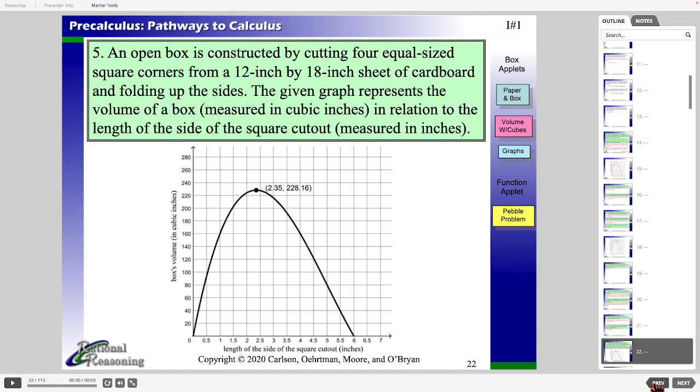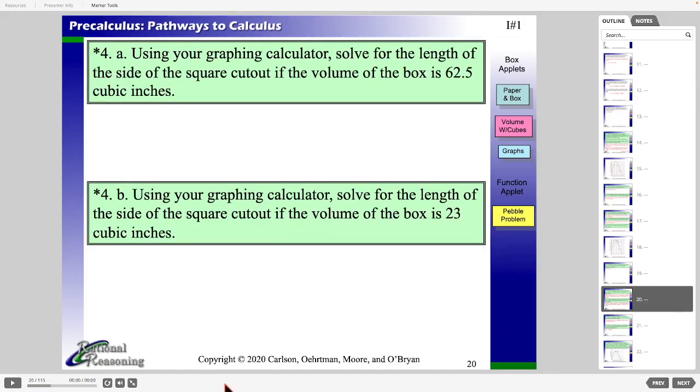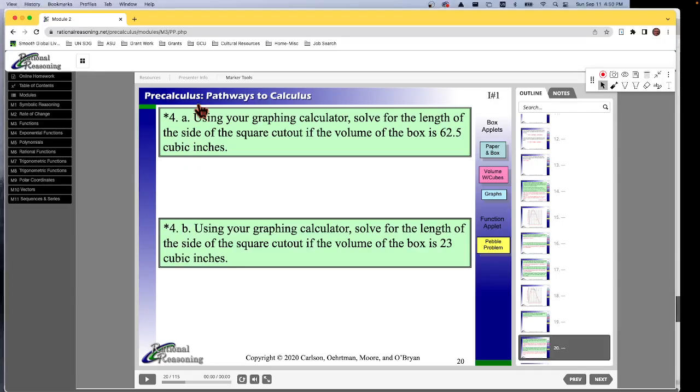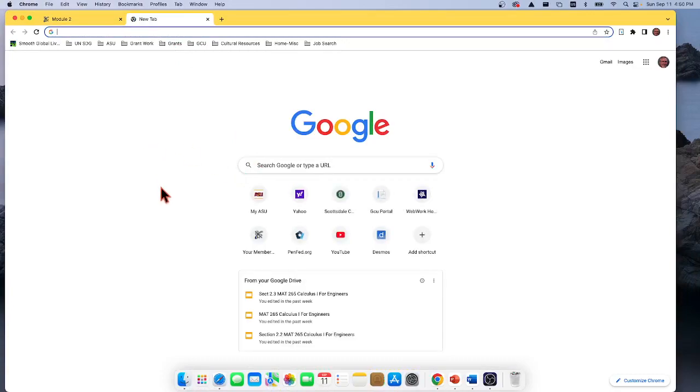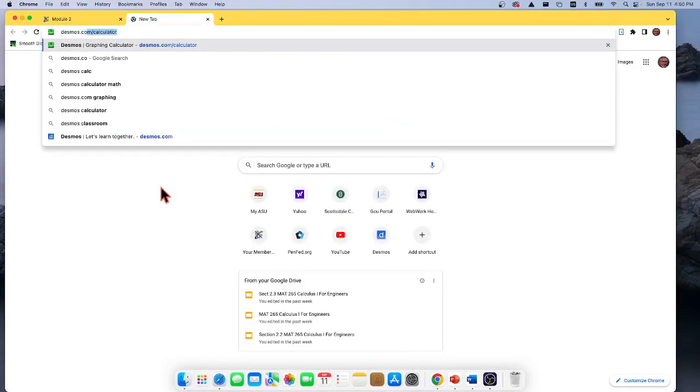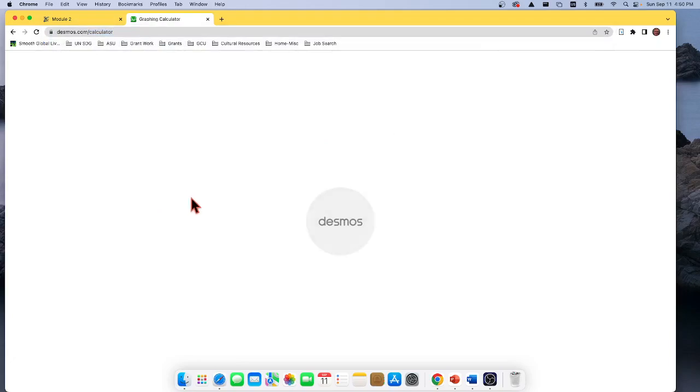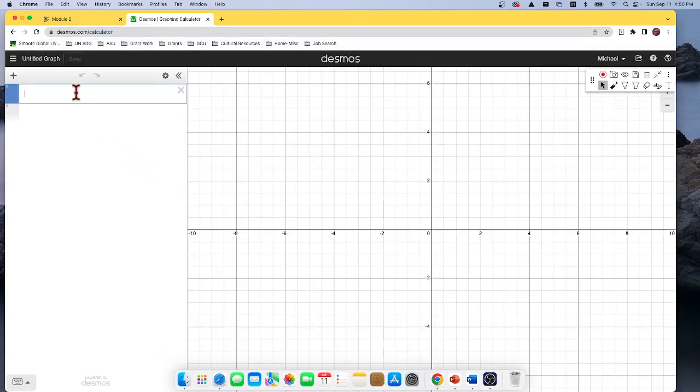And maybe I'll go back and I'll demonstrate how you can do that. Let's do this. So again, the volume that we're going to get, I'll put it as a function, is, remember, (8.5 minus 2x)(11 minus 2x) times x.